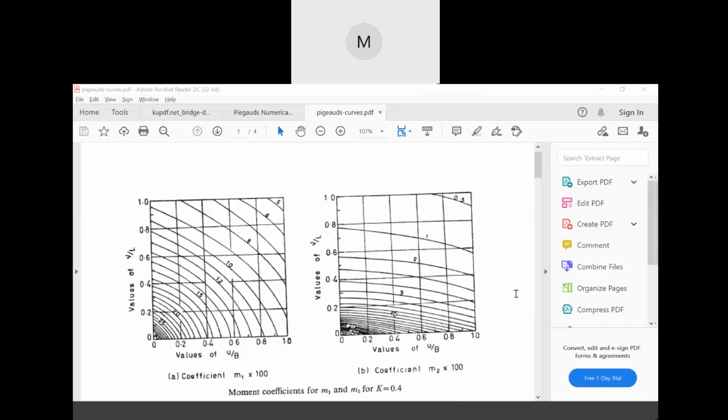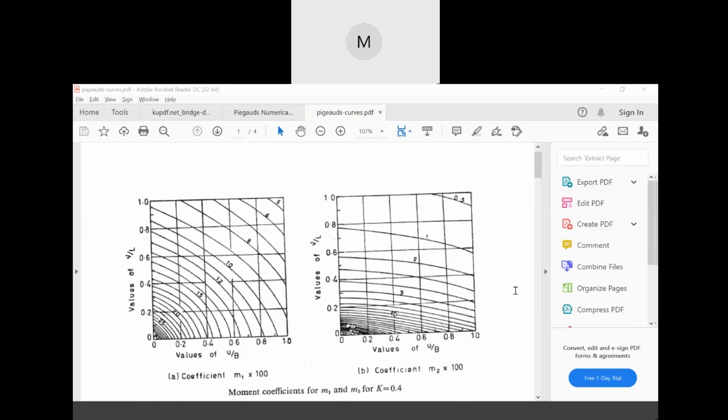Okay, this can be found out by using Pigeaud's curve. I've sent the PDF to some of you. So did you get the Pigeaud's curve? The small m1 and small m2 can be found out by Pigeaud's curve. Did you get the Pigeaud's curve?